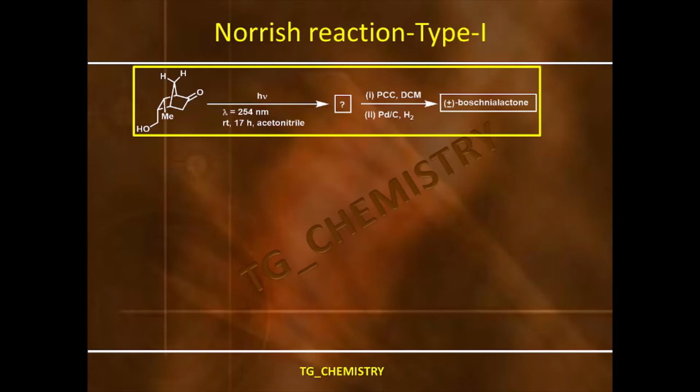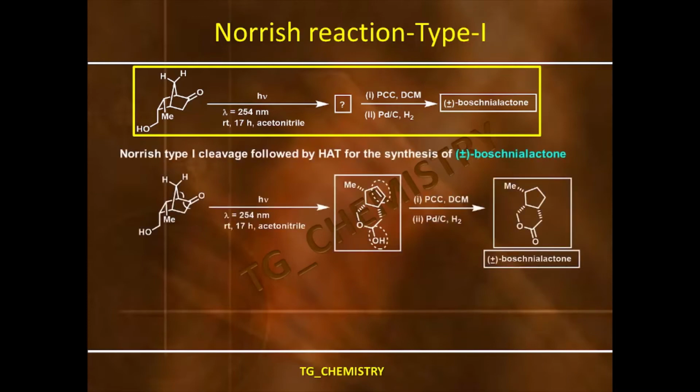So this reaction will proceed via the Norrish type 1 cleavage followed by a hydrogen atom transfer reaction for the synthesis of bosniolactone.